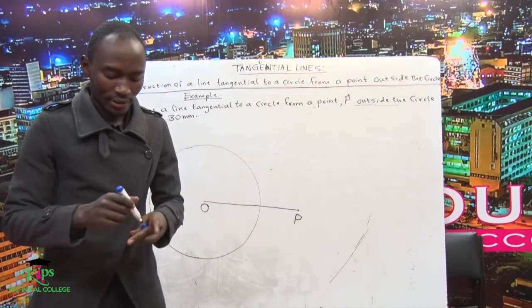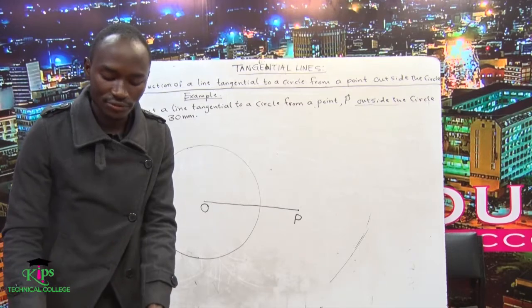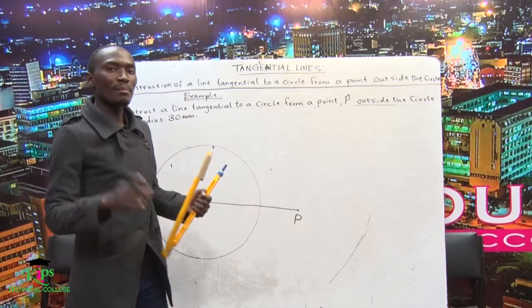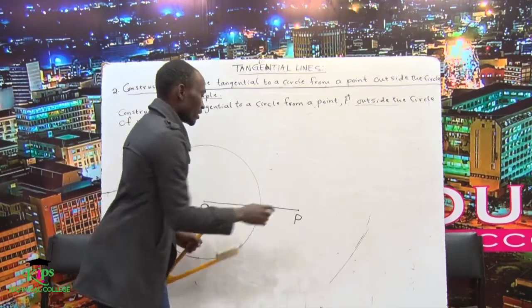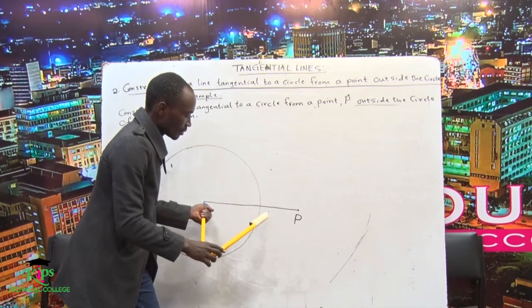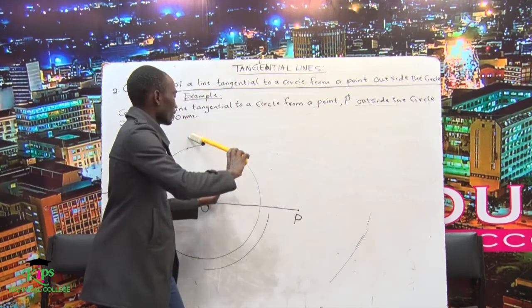The second step that you need to follow is this. Now I will take up my compass, then bisect line OP, then standing here, put a mark.